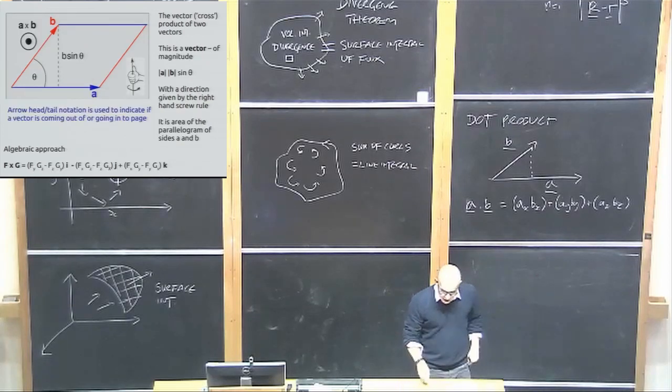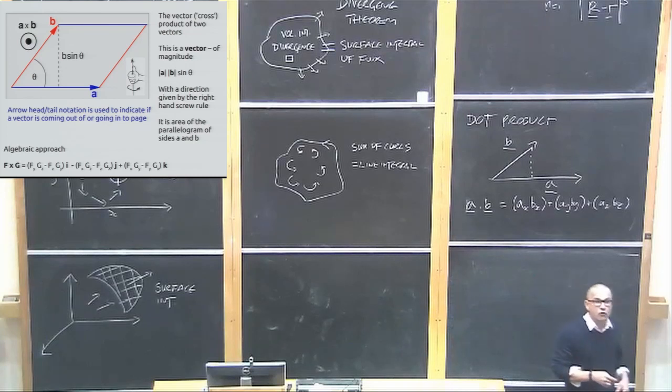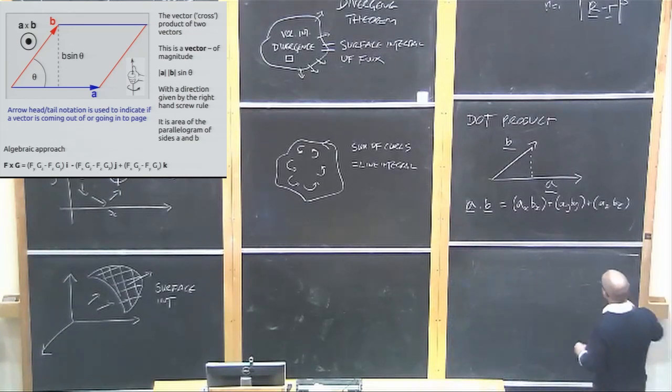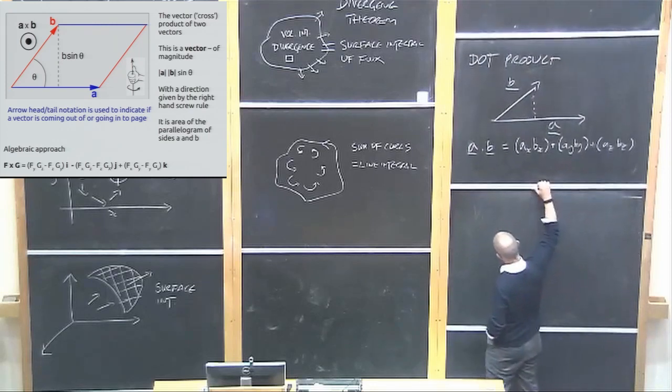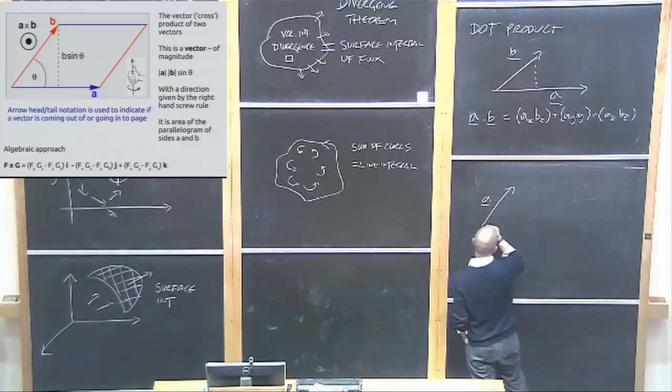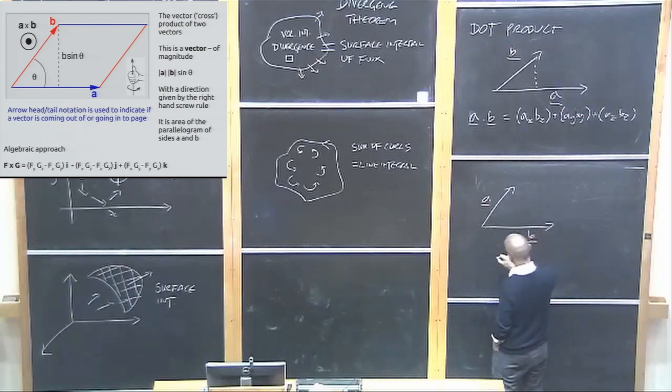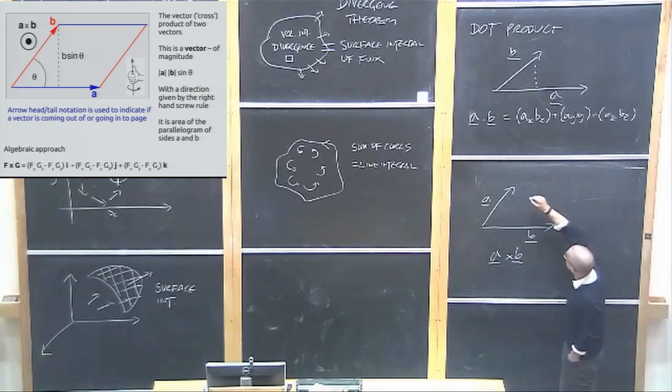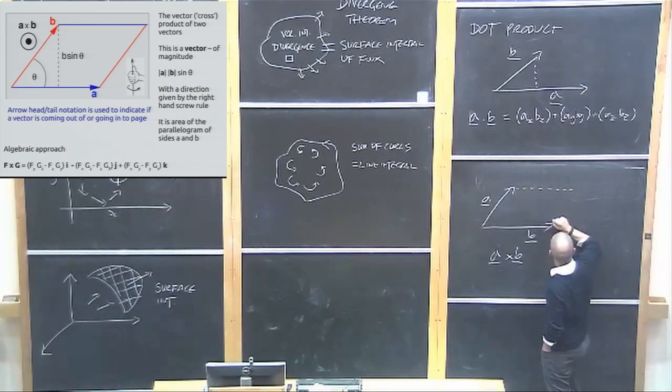The vector or cross product of two vectors is illustrated in this diagram here. So now if I have two vectors, call them A and B, the cross product of A and B gives me the area of this parallelogram.